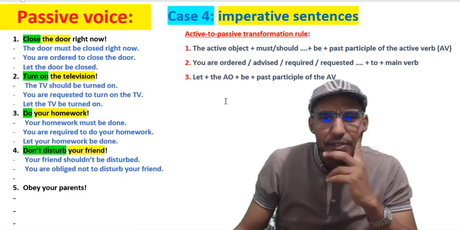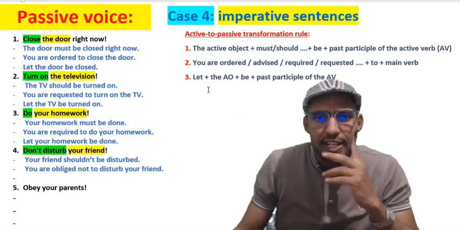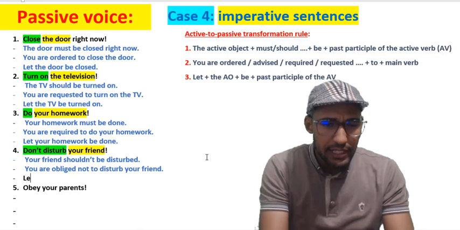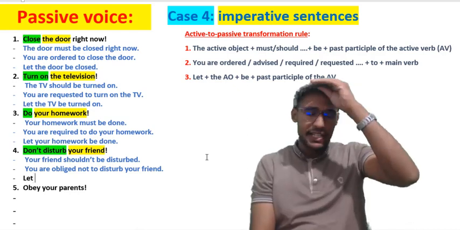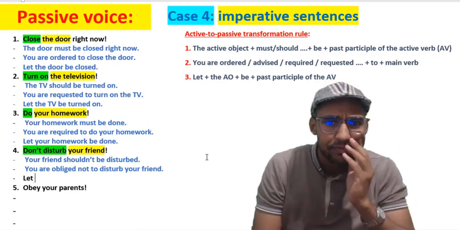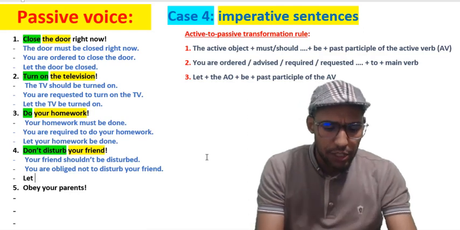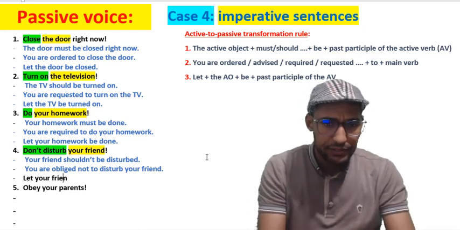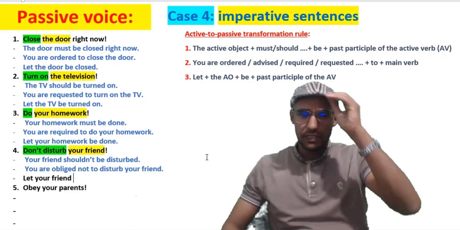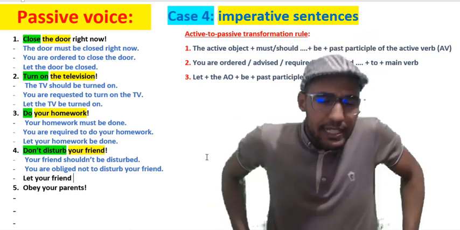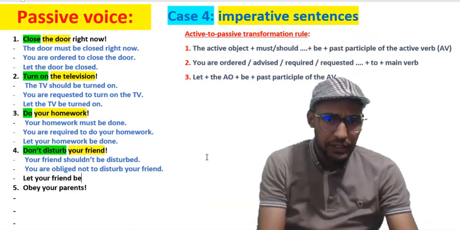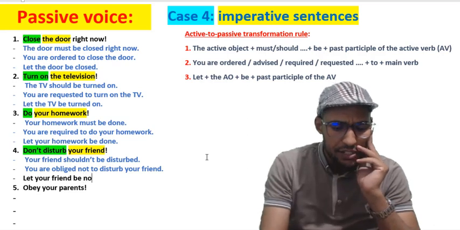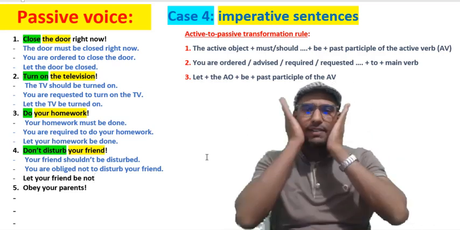Okay, so let's move on to the last suggestion here. Let's plus the active objects here would be let your friend plus the verb be. Let your friend be, and then not. Don't forget not. You should always have not there.